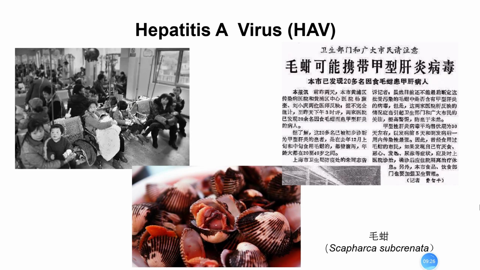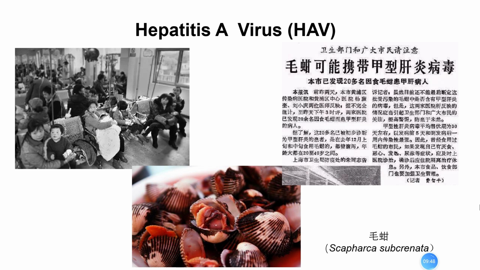It was because of the consumption of a shellfish, a seafood, and the Chinese name here is maohan. For some reason, the seafood got contaminated by HAV. And we know that HAV is relatively stable to heat.